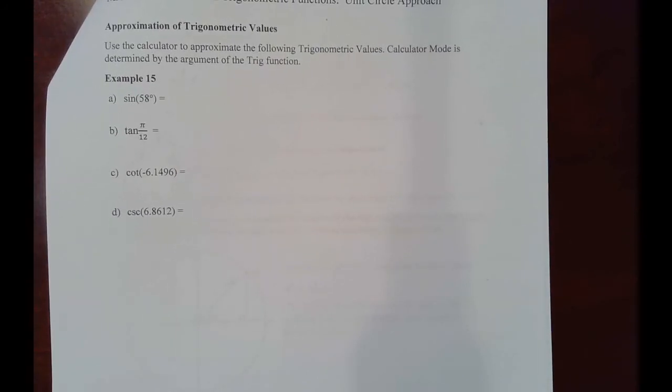With the calculator, you're just letting the calculator do everything. You don't need to know a formula. You don't need to know how to simplify. You're just getting a decimal. That's why you cannot give me that kind of answer when the problem says give an exact value. You can assume that the question is asking for an exact value unless it says approximate or unless it says use your calculator. That's the same thing.